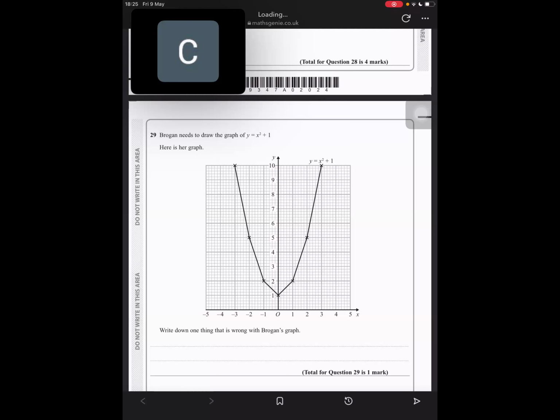Yes. Do you want us to check with the marking scheme if there are any other points they took note of? Or those are the points I have taken note of. That's the thing I've seen that's wrong with the graph. Does the marking scheme say anything extra?